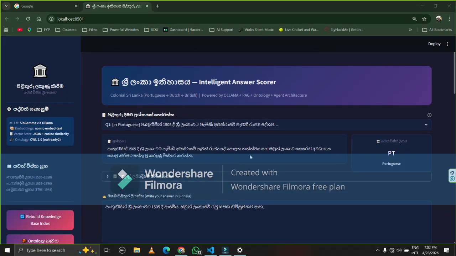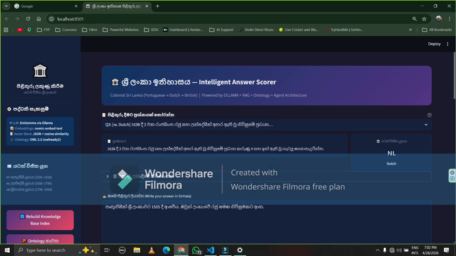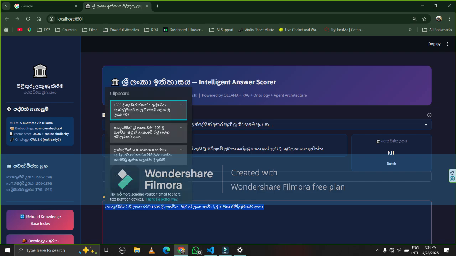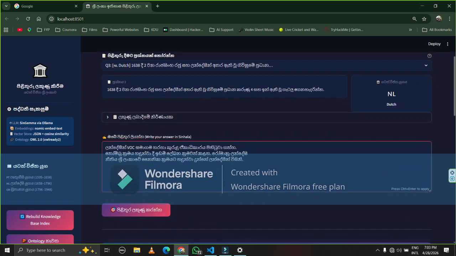So let's check another question. Let's take question 3 and give an answer for that. Here you can see that the question is from the Dutch colonial era, and the answer is also about the Dutch era, but not related to the question.